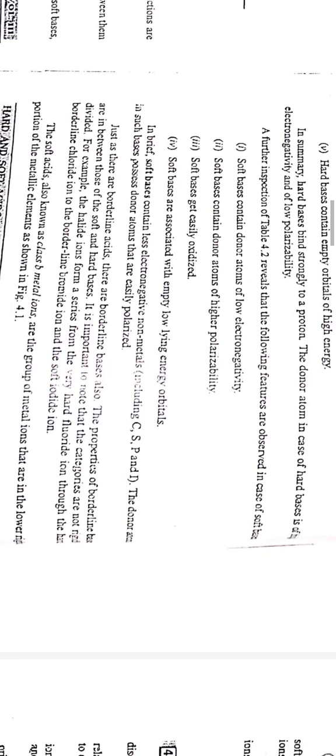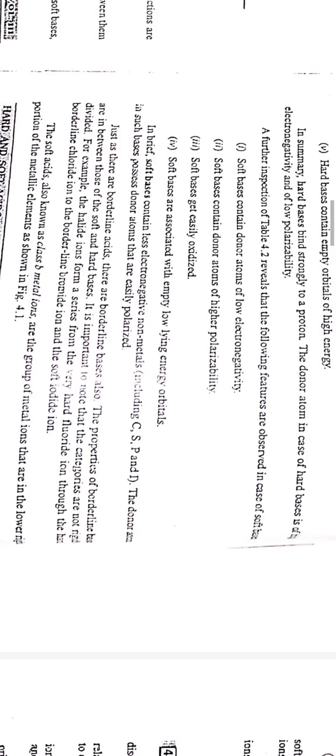In summary, hard bases bind strongly to a proton, and the donor atom in hard bases has high electronegativity and low polarizability. A further inspection of Table 4.2 reveals that the following features are observed in the case of soft bases. Soft bases contain donor atoms of low electronegativity.